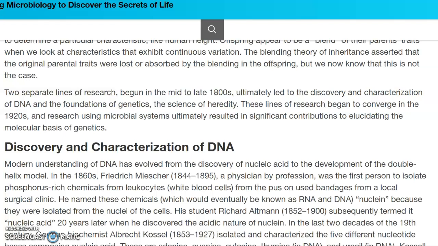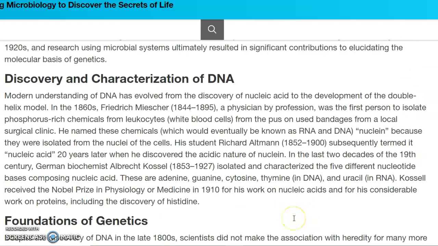So the first person who kind of came on board here was Friedrich Miescher. And this was in the 1860s, so about 150 years ago. He was a doctor, and he actually isolated some chemicals from white blood cells that he got from pus that was on the bandage of a wound.